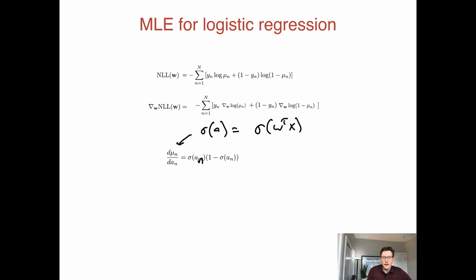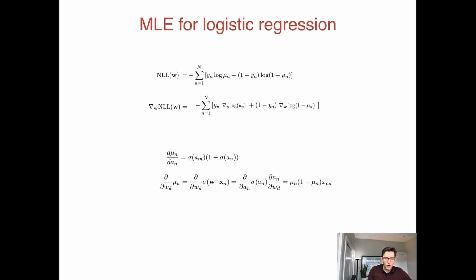Okay, so now let's go a step out. Let's take the partial derivative of mu n with respect to w d, that is the d-th parameter. So let's write out what mu n is. It's this thing here, sigma of w x. We're going to use the chain rule here.